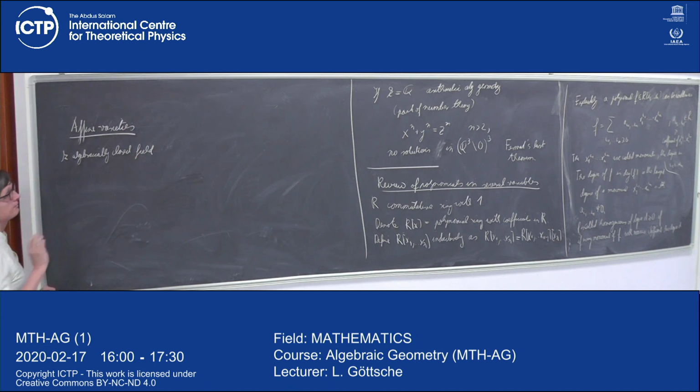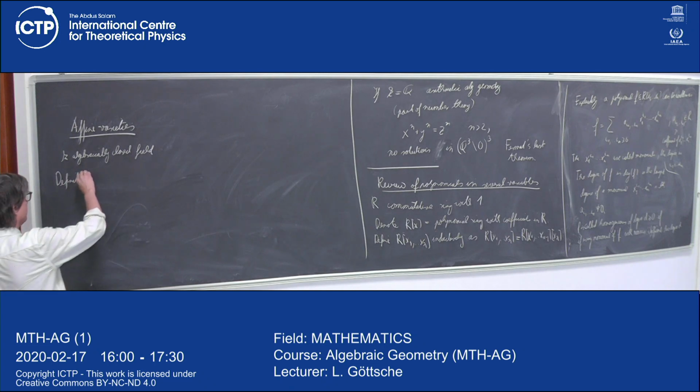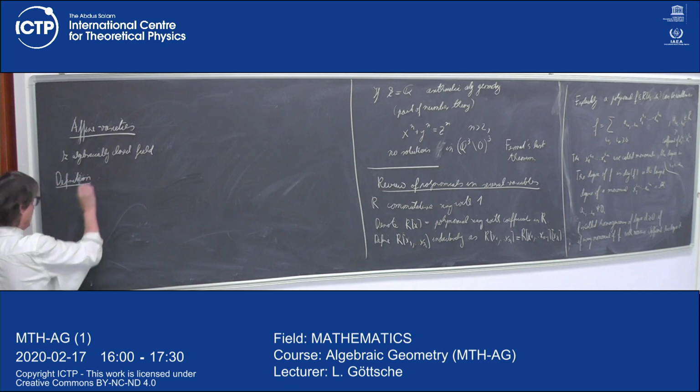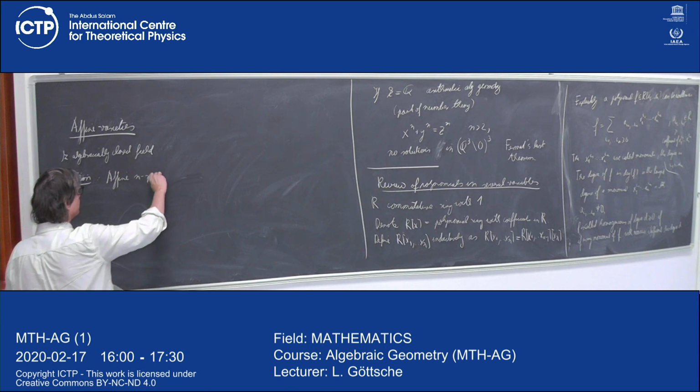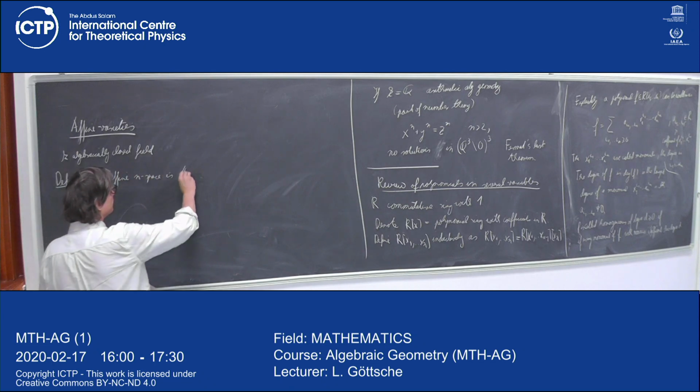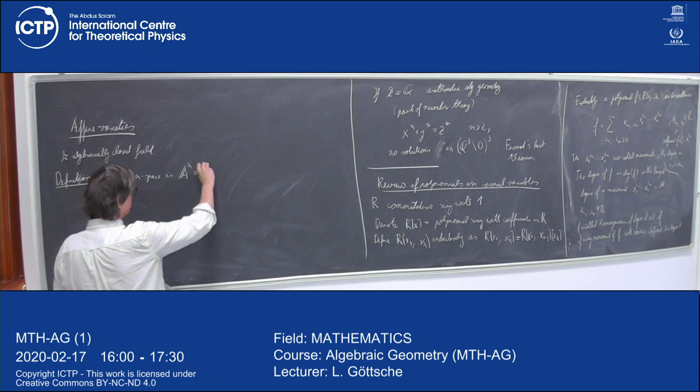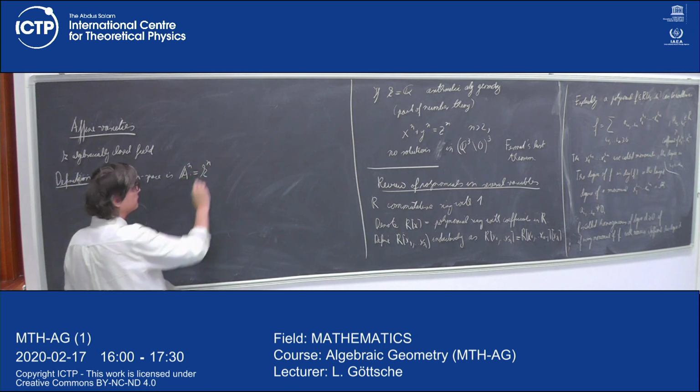First I use a few definitions. In algebraic geometry, for some reason, we give a name to just k^n. So definition: affine n-space is defined to be k^n.